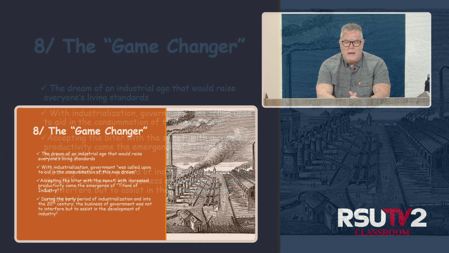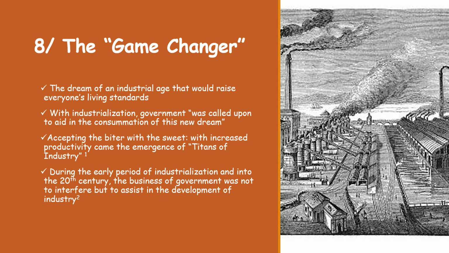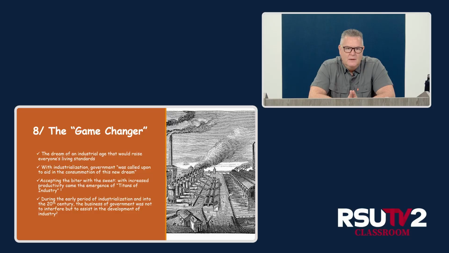For FDR, the game changer would be industrialization, which would arise in the aftermath of the Civil War. It would raise everyone's living standards. It's important that he elides the Civil War. He does not really speak about the Civil War because it's still a sore point, in particular within important factions within the Democratic Party, right?